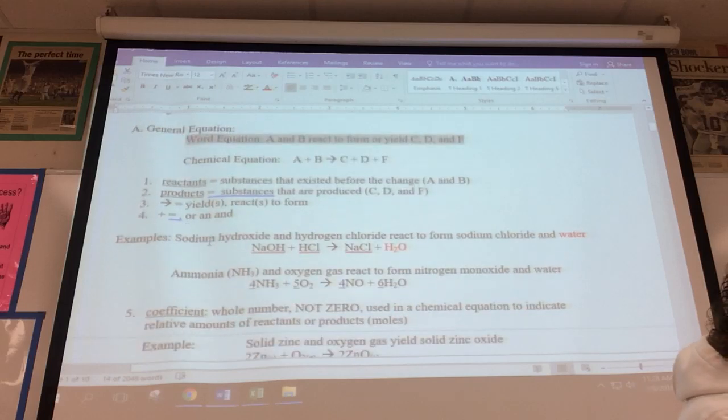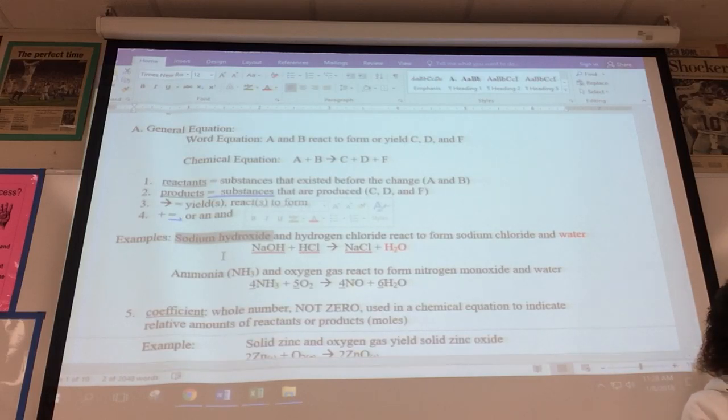For example, sodium hydroxide and hydrogen chloride react to form sodium chloride and water. This is where formula writing is going to come back very strong. Most of you have mastered formula writing. If you have not yet, you really need to refresh back in chapters 5 and 6, and please take the time to do that.